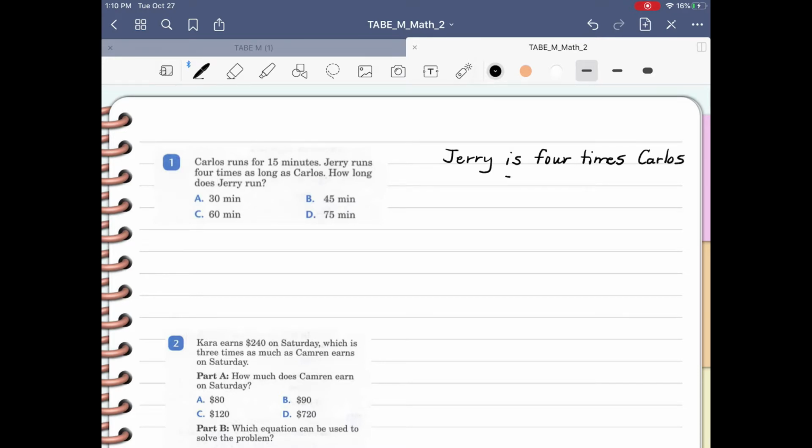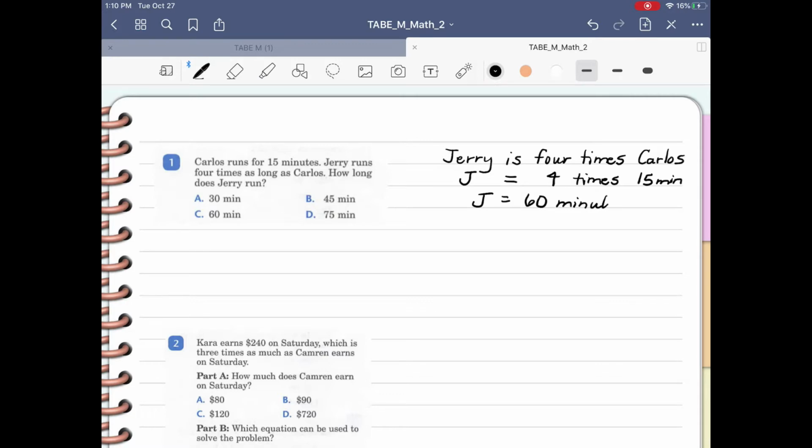And is my equal sign. We don't know how long Jerry runs, but I know that it's 4 times Carlos, and I know that Carlos runs for 15 minutes. So Jerry is 4 times 15, and that is 60 minutes.